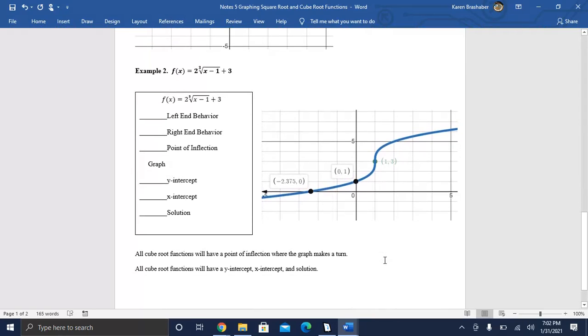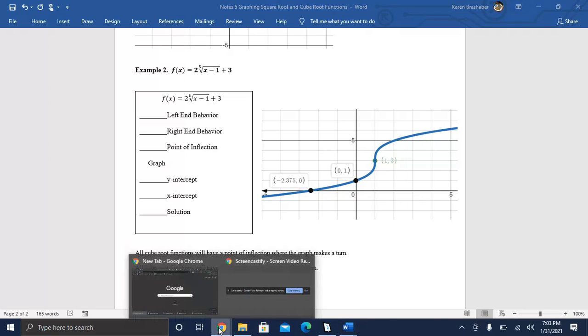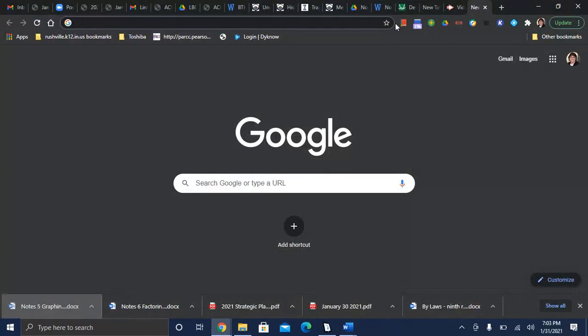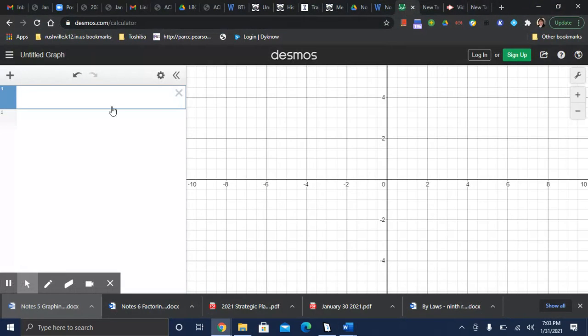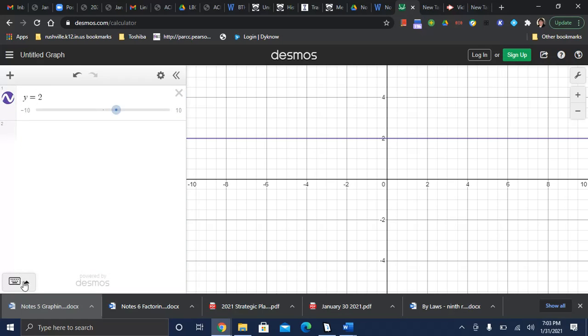So you have f of x equals 2 times the cube root of x minus 1 plus 3. So the first thing you should do is go to Desmos to type this in. And so we have y equals, remember there was a 2, and then you're going to need to bring up the keyboard.